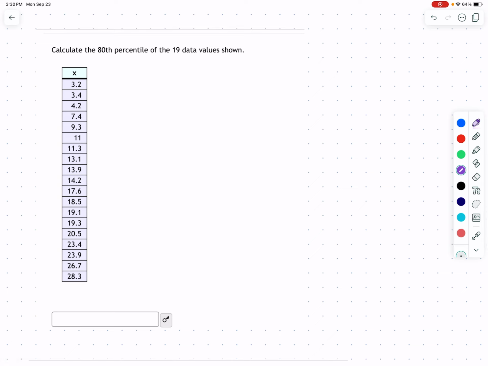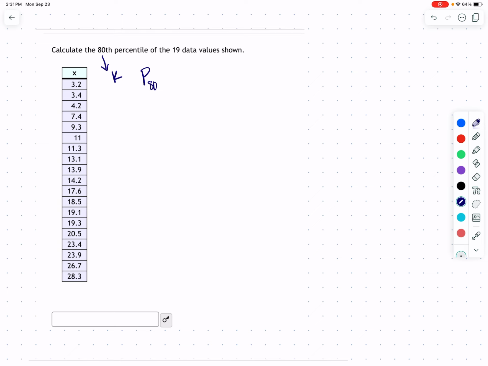Okay, for this one, we are looking for the 80th percentile of the 19 data values shown. The 80th percentile in this case is our K value. So we are looking for P80.